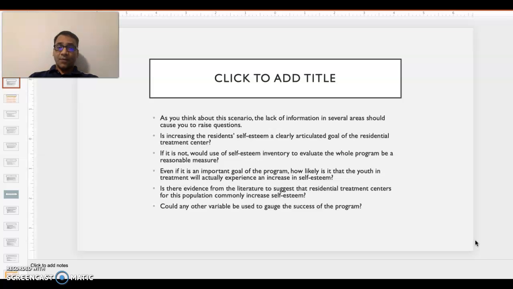You may have many more questions in this scenario, but these are some of the important questions you may come across. Accordingly, we have to think about what is an appropriate instrument, questionnaire or survey that will measure the impact of the program and measure the outcomes.